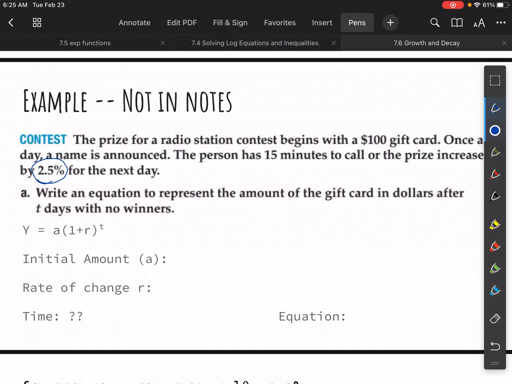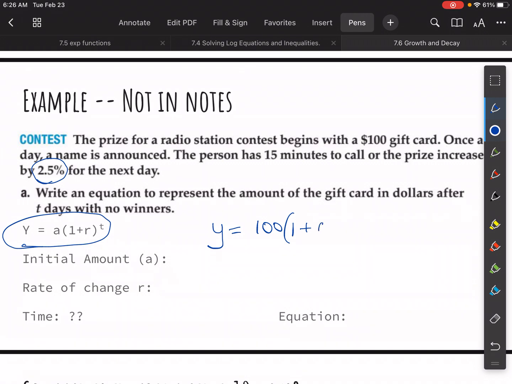Okay, so it says write an equation to represent the amount of the gift card in dollars after T days with no winners. Okay, so for this one, what we're going to do is we're going to set it up using our exponential growth function. We know that we don't know what the final amount is, so we're going to keep y as is. But we do know what the initial amount is, the a value, that's 100. And then we know that the R value is 2.5%.